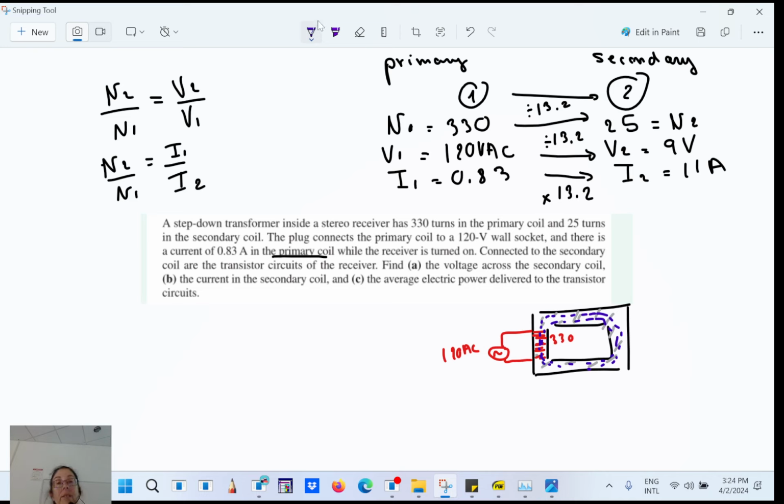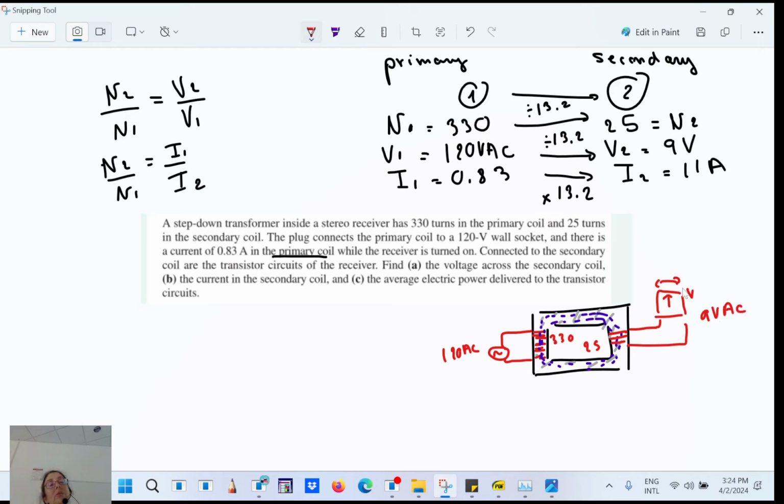On the other side, you're going to have fewer loops. You have 25 loops, so less of them. And what do we get here? We can connect that to a voltmeter here. You still get AC, and the RMS will be 9 volt AC.